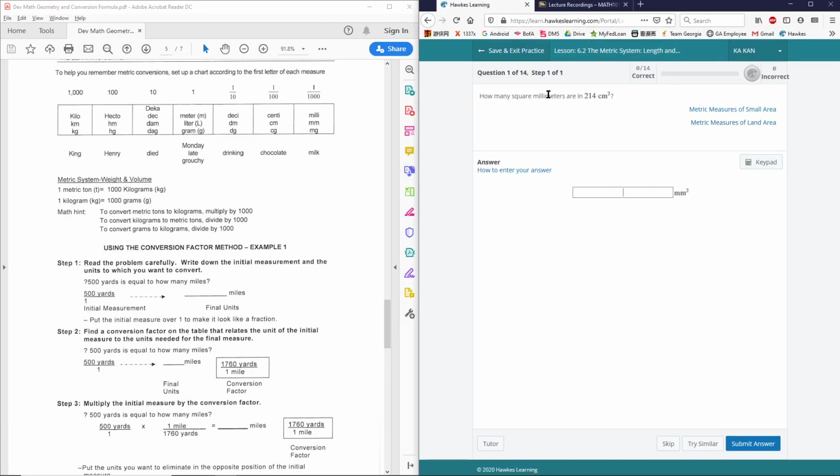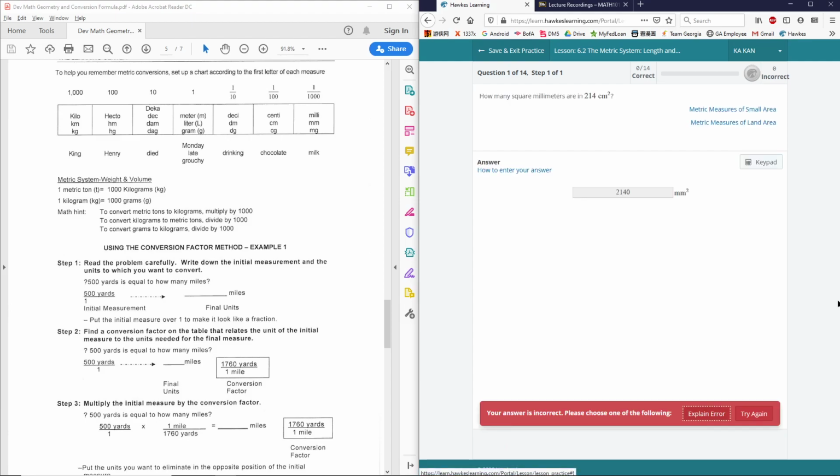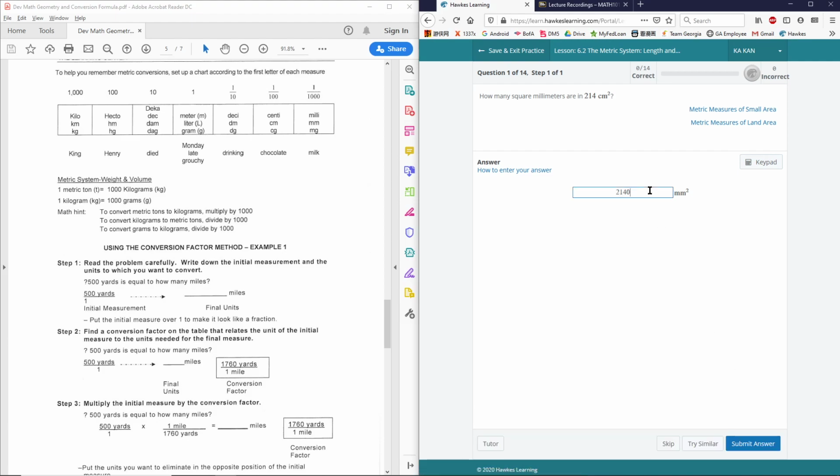How many square millimeters are in 214 square centimeters? This one is actually not too bad. First you have to think about this. You're going from centimeter.